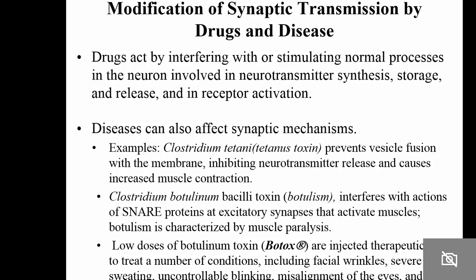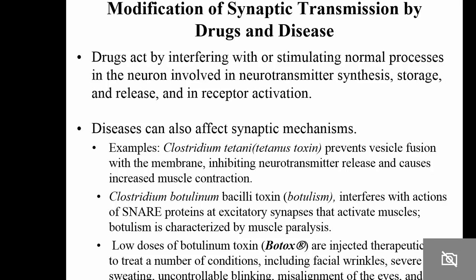So those snare proteins, right? These snare proteins, right? This is synapto. This one is synaptotagmin. And then this is the snare protein here. So it interferes with these snare proteins in excitatory neurons.